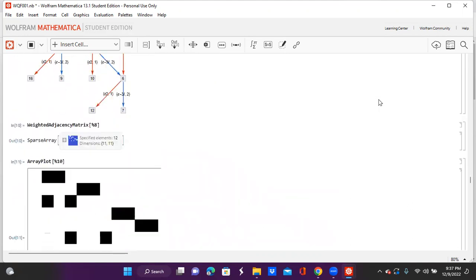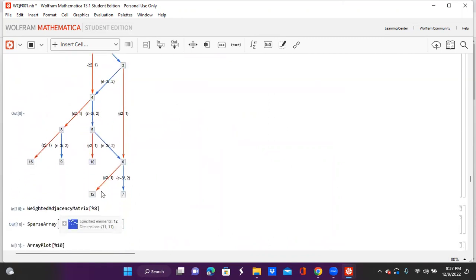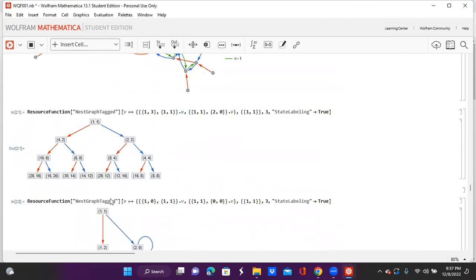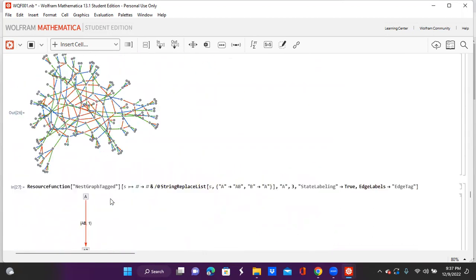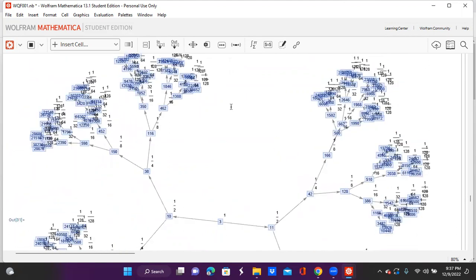Evolutions of systems, as a system evolves, and then their probabilities, amplitudes.